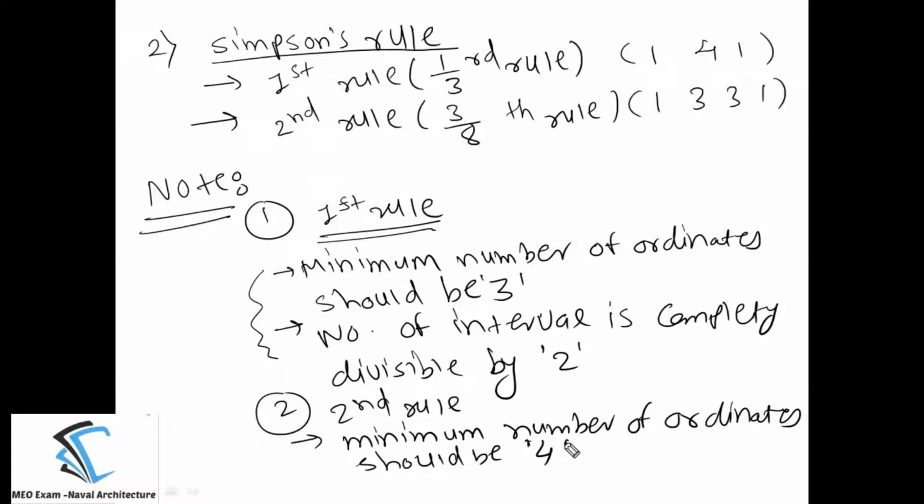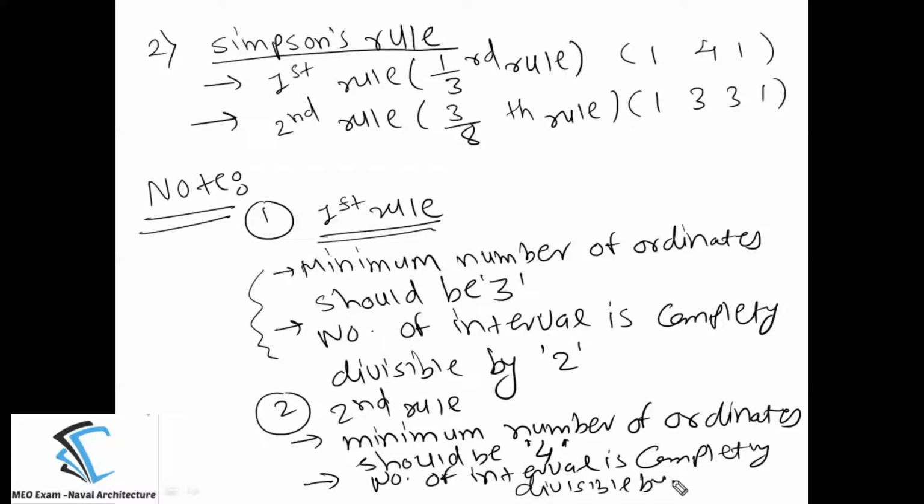So you should have a minimum of 4 ordinates, and the second note for the second rule is that the number of intervals is completely divisible by 3.